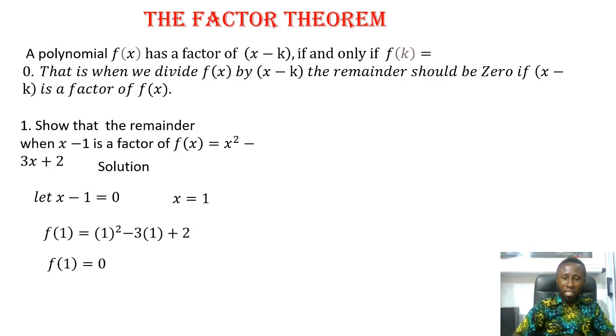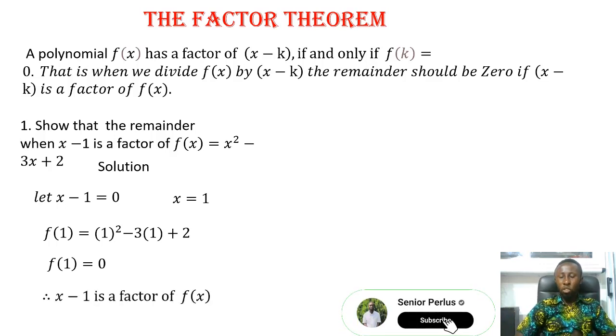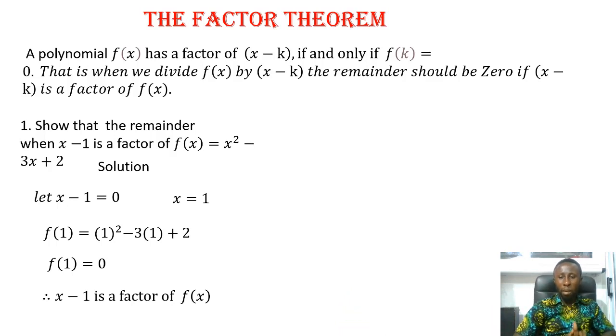You see, if we substitute in there, we get what? 0. So therefore, this is a factor, right? So always, when you substitute something and you get 0, then it is a factor. Or when you do your polynomial division and you get the remainder as 0, then that one is a factor, right? But if you get remainder as 1, then it is the remainder theorem.